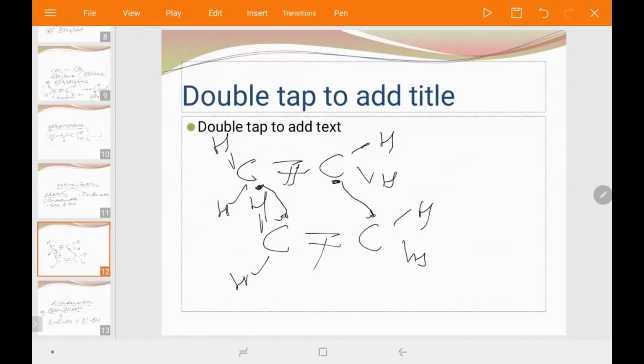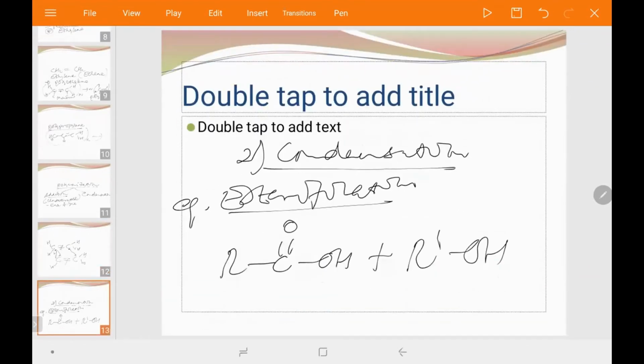Now, in the esterification reaction, what's going on? OH should be removed from the acid, and H must be removed from the alcohol. When OH is removed from this, O has an active site, a free electron, and when H is removed from this, again O of alcohol has a free electron.